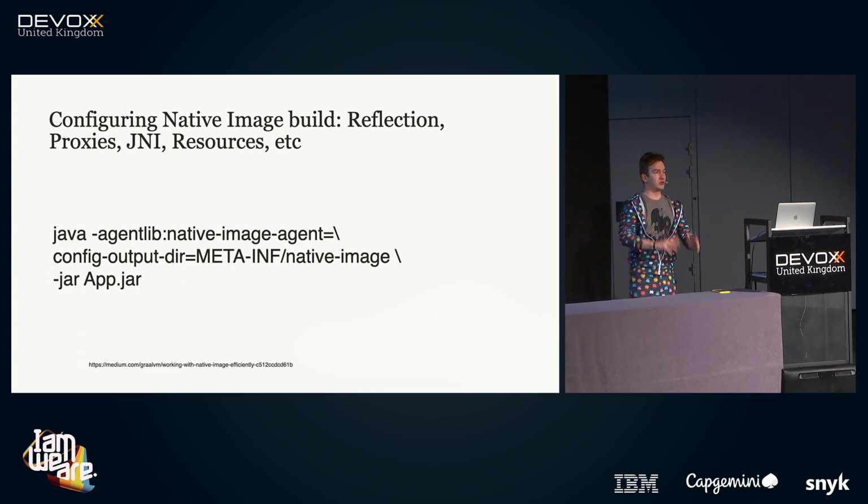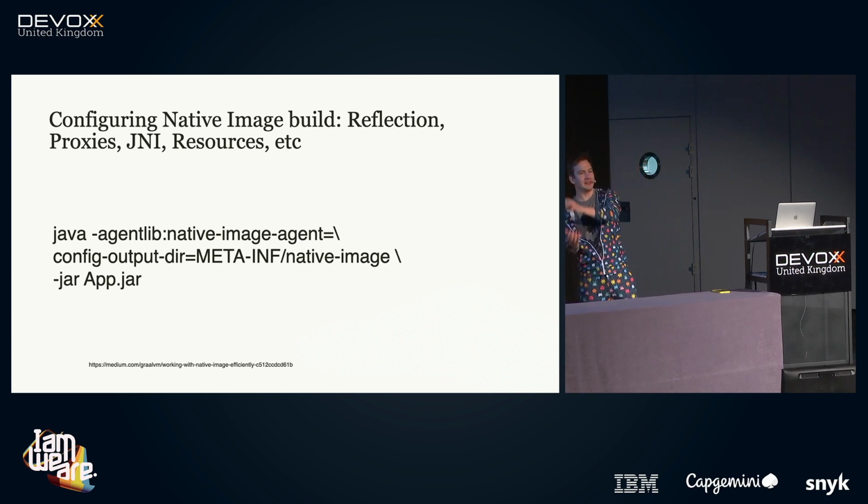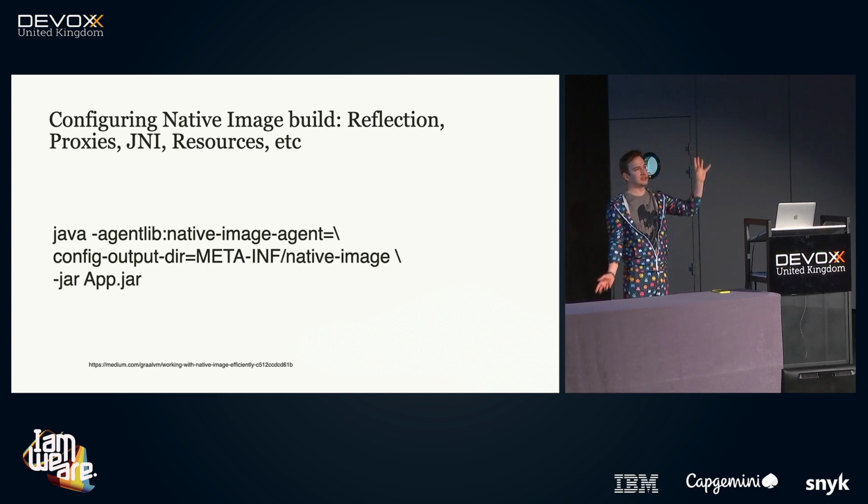You run your application normally, and you execute the code path that you are interested in, and it will spit out the configuration for you. It will give you this giant JSON file that you then feed into the native image, and things magically work for the code path that you have been executing. Because it's a tracing agent, it can only record things that it has seen in action.